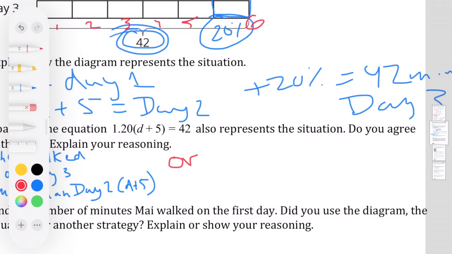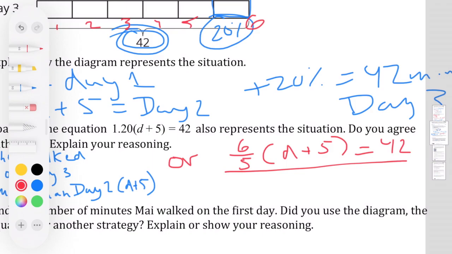So if you wanted to use that as a fraction representing 6/5, and you wanted to use D plus 5, you're still going to get a 1.2 or 120% of the original value. And so we could work this out where that equals 42. And because the diagram was using fractions, you could have used this as your main equation.